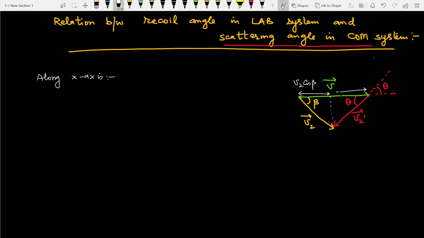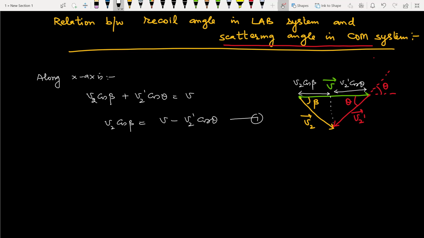This is V2 dash cos theta. So both are equal to V2 cos beta, V2 dash cos theta, it is equal to V. So V2 cos beta is equal to V minus V2 dash cos theta. We mark this as equation number 1.